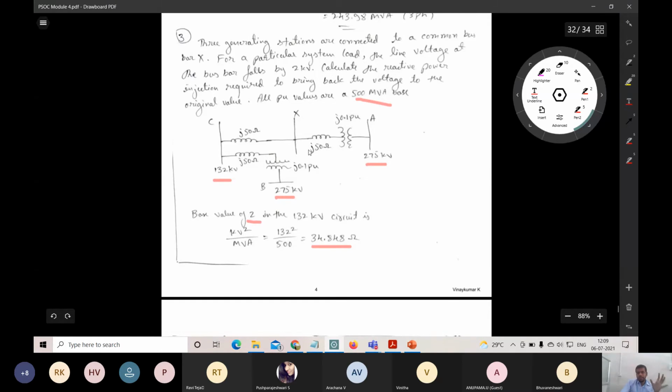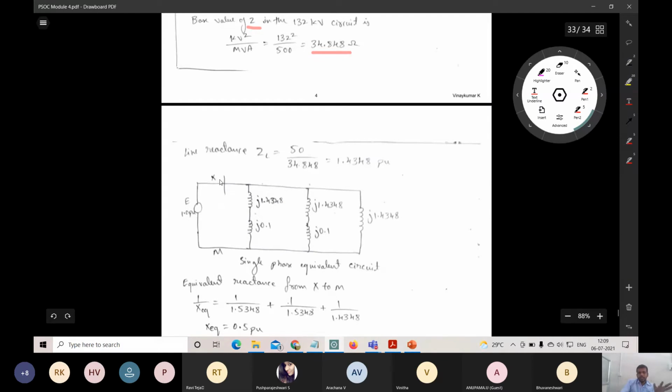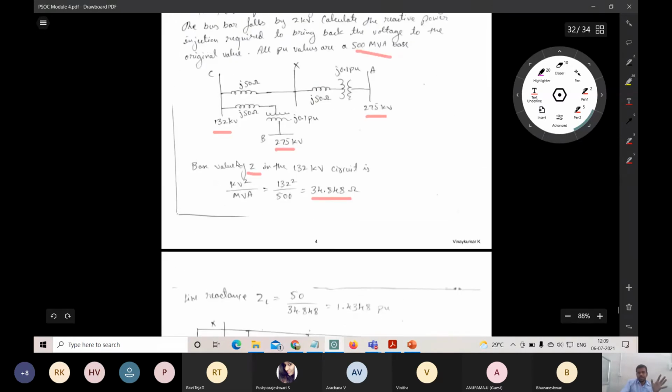As we have been solving repeatedly, this is the total load impedance connected to our C 132 kV bus bar. Similarly, the line reactance ZL will be given by 50 divided by 34.848, which is 1.4348.